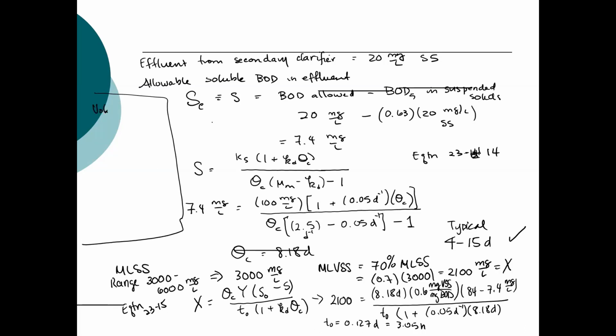The volume of the tank, V, is equal to Q times tau, and Q is 0.15 meters cubed per second. That's what you were given.